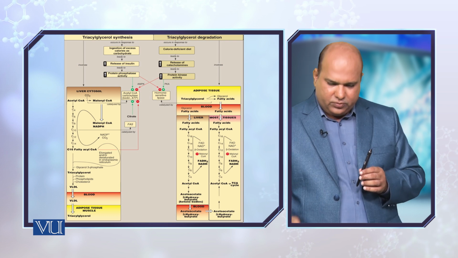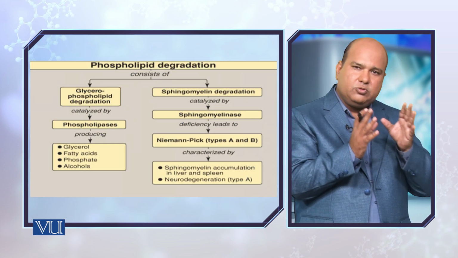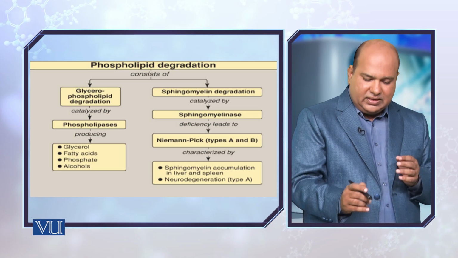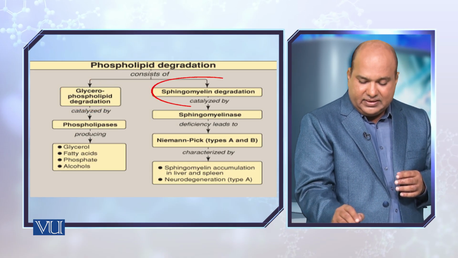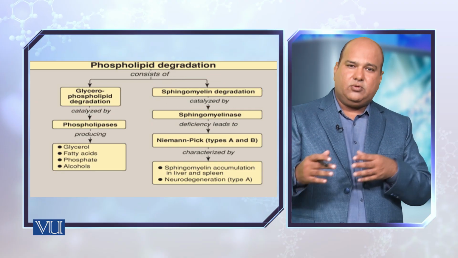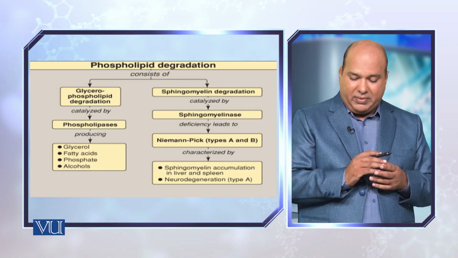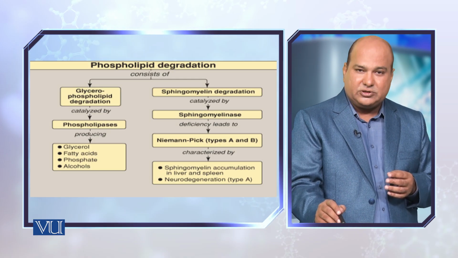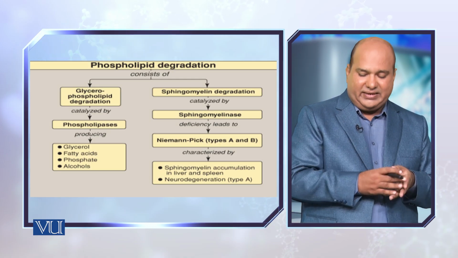Then we also talked about the phospholipids. We talked about two major categories: the glycerophospholipids and the sphingophospholipids. The example of sphingophospholipids was sphingomyelin. Sphingomyelin under the action of sphingomyelinase gives rise to sphingosine and fatty acids.